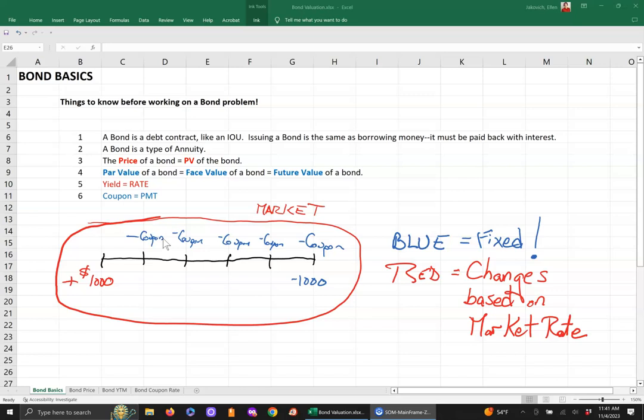Let's say it's 6%. If it's 6%, you will have fixed coupon rates of 6% of par value, which is $60 in this case. That will not change no matter what happens to the market later.